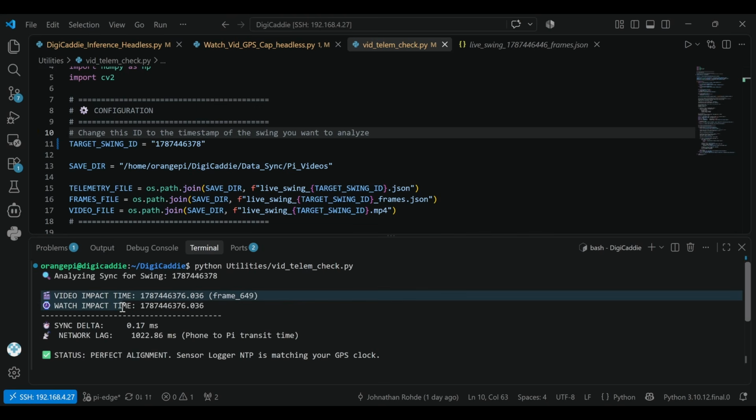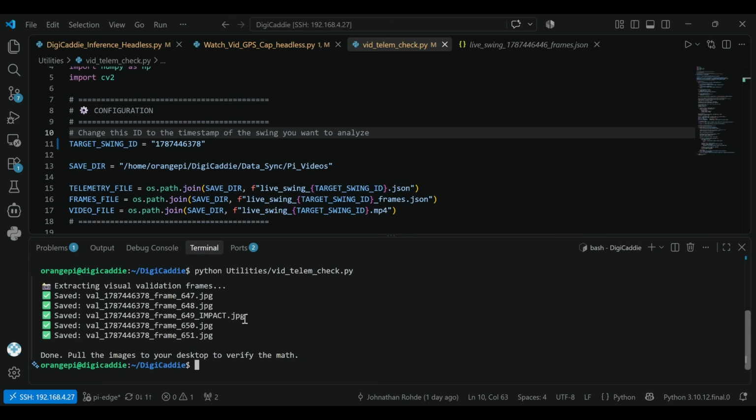What I am doing is, again, looking through those JSONs and looking for the timestamps of when the watch thinks the impact happened, and then I am retrieving the video for when that same timestamp occurs. Now remember, these are both coordinated times, the UTC times, so they shouldn't be off by too much. On this one, I had a variance of 0.17 milliseconds.